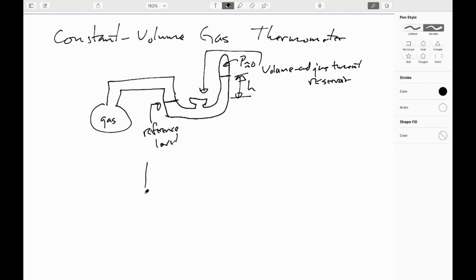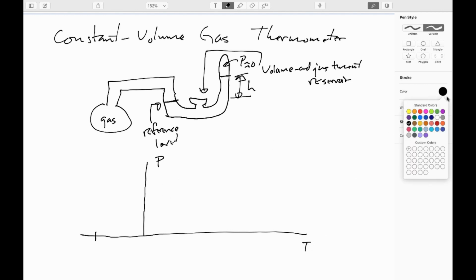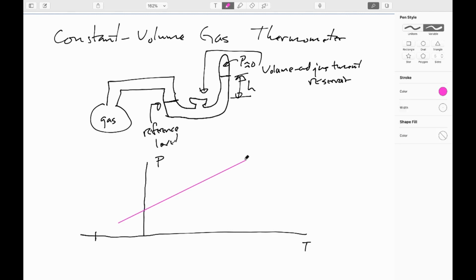And an amazing thing happens. If you plot the pressure of the gas against temperature for different gases, what you'll find is that, first off, it pretty much doesn't matter what the gas is, but it does matter what its density is. So basically, it's mostly for different densities of gas.